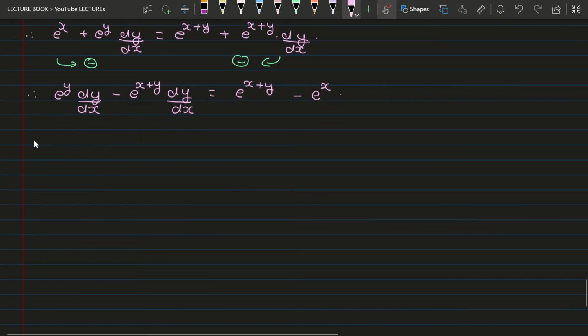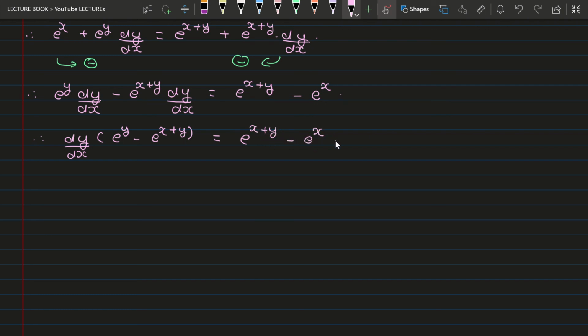Now what we do is we take out dy by dx common from these both elements. So what are we left out with? E raised to y minus e raised to x plus y. Here I write e raised to x plus y minus e raised to x.